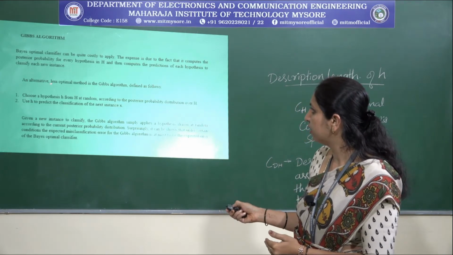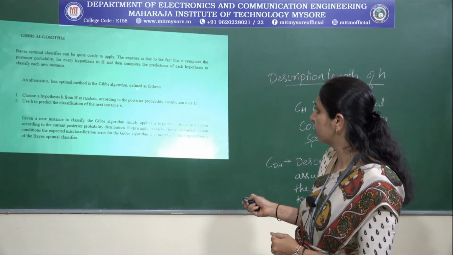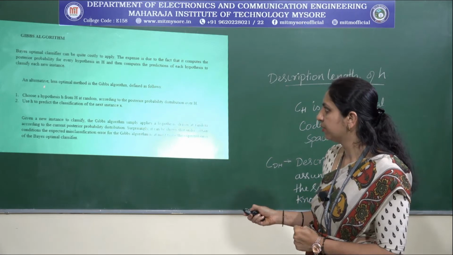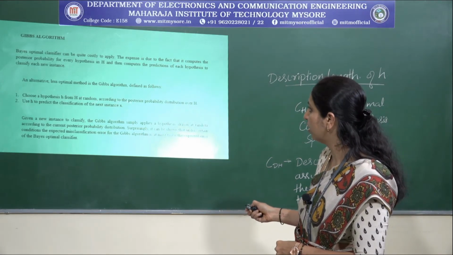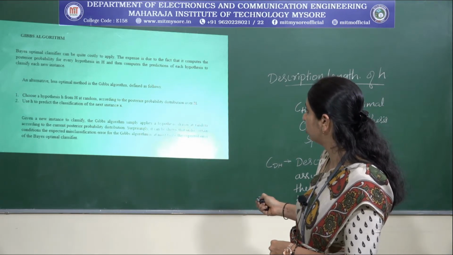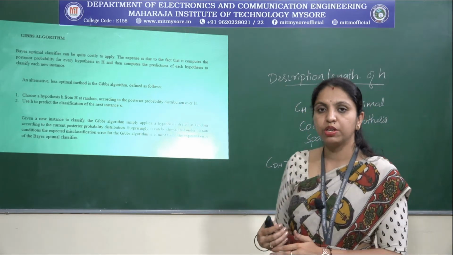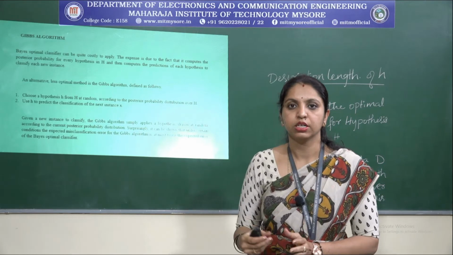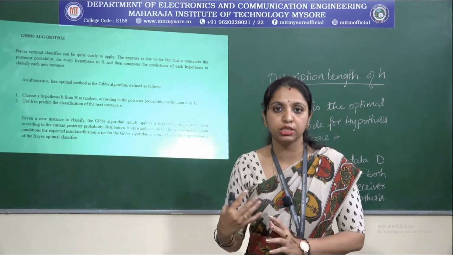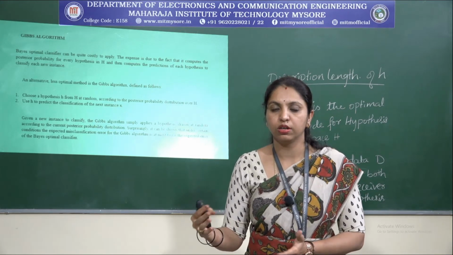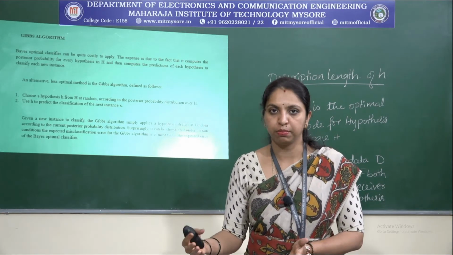An alternative, less optimal method is the Gibbs algorithm, defined as follows. Here, choose a hypothesis h from H at random according to the posterior probability distribution over H. So, what we used to have in the earlier cases was a maximum a posteriori probability, based on the maximum value out of a set of hypotheses.